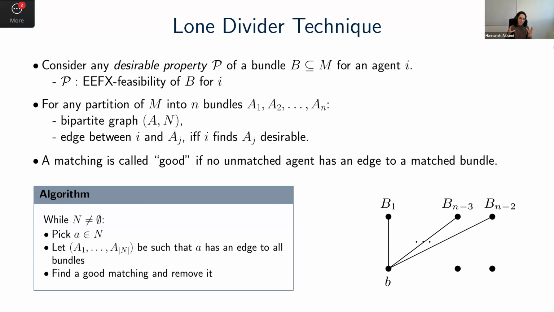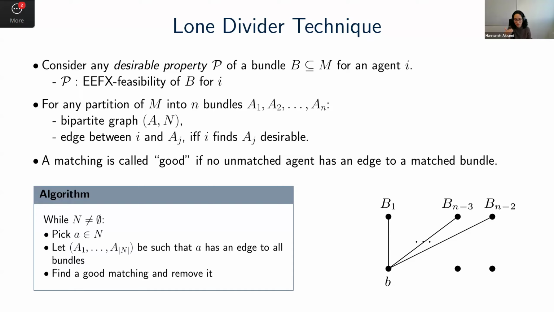So this is already a framework that exists. Now, if we want to use it for some property, let's say for proving EFX and EF1 and anything, all we need to show is that the second bullet point here goes through, that in each round you can in fact find an agent who could play the role of the lone divider for you, who could give you this partition.